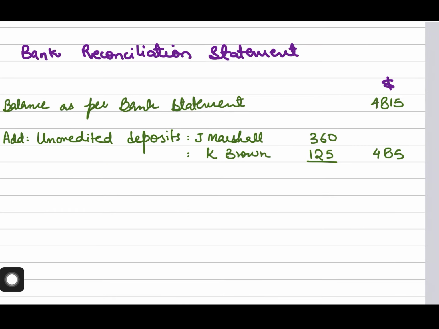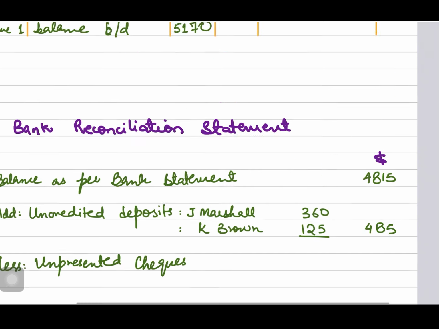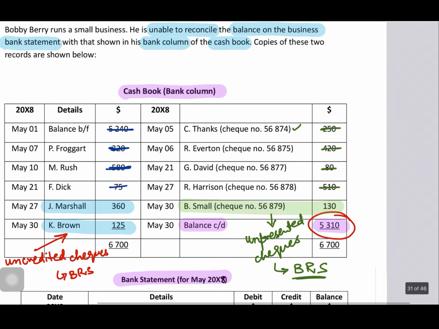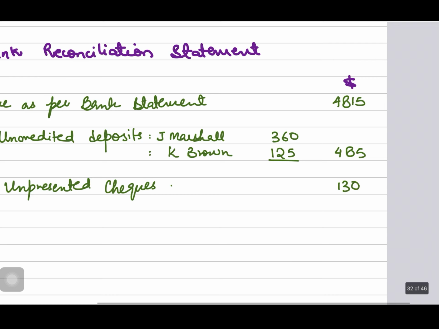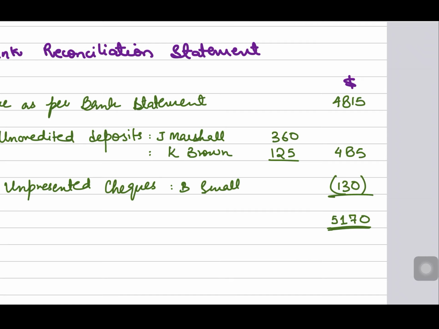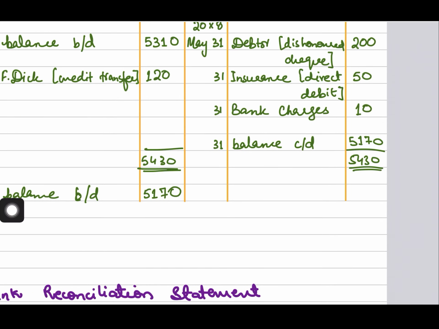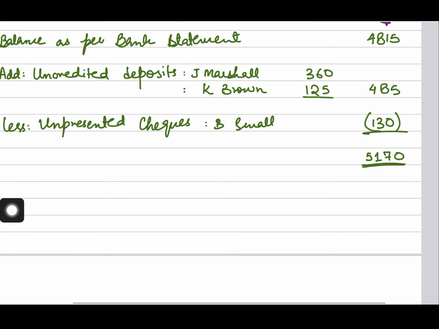The total is 485 and we will subtract unpresented checks that will be there on the credit side of my cash book, that is 130 B Small. Okay, so 130 for B Small, that will be subtracted. So 4815 plus 485 minus 130, the answer is 5170, which is reconciling with my updated cash book balance.